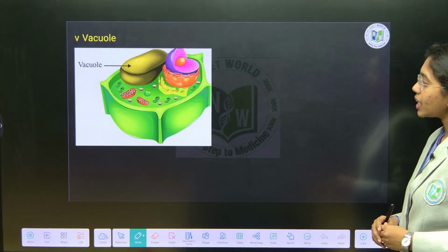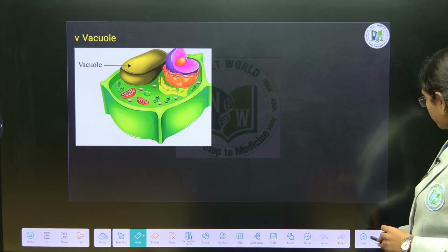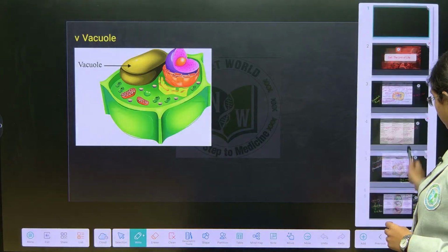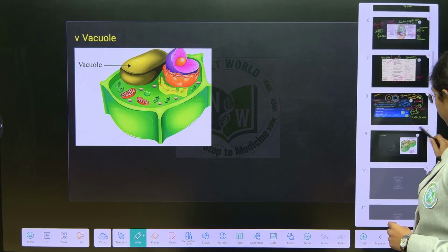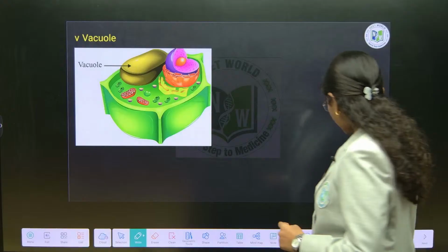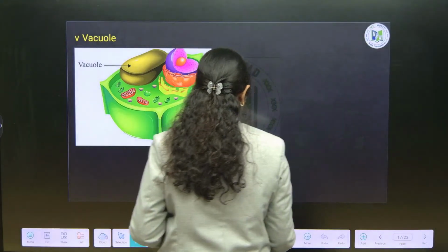Now, last is vacuoles. Here we go with vacuoles and the end of the session.